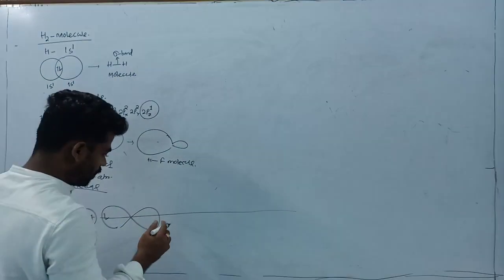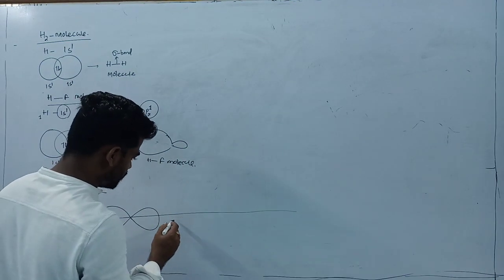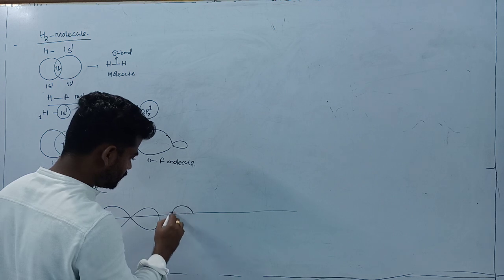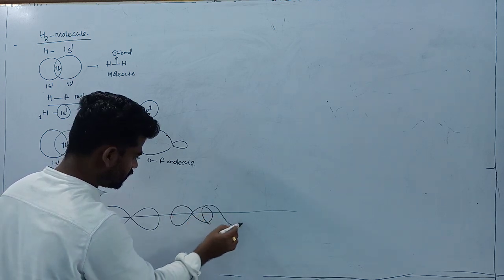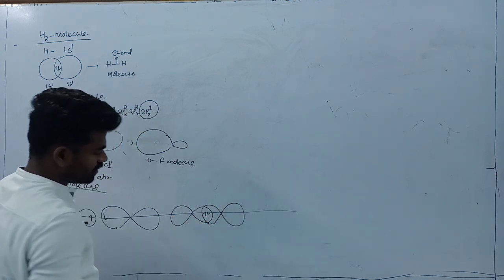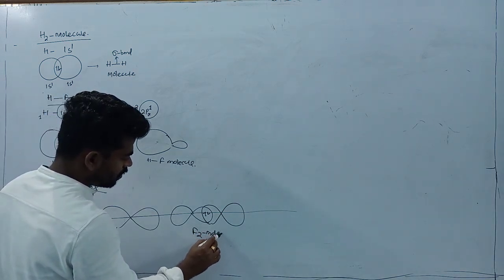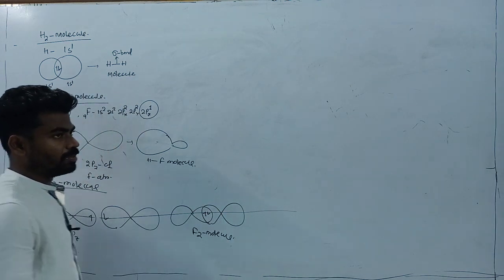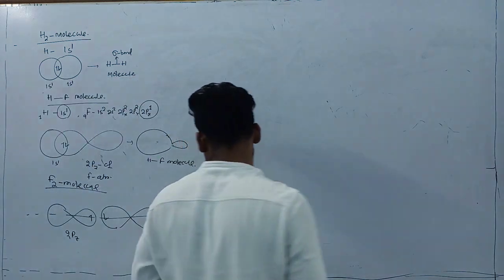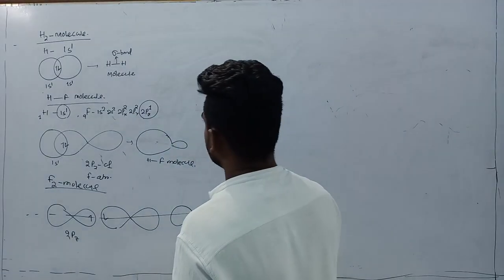So as a result of overlapping, what happens? This is the formation of the F2 molecule, by overlapping of two half-filled pz orbitals.